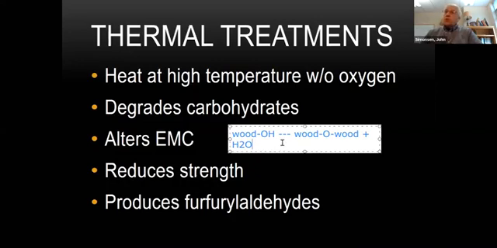You also reduce the strength, you make it more brittle, and you can produce all kinds of other stuff from the extractives. Furfurylaldehydes is one. But it is a way that will prevent decay.